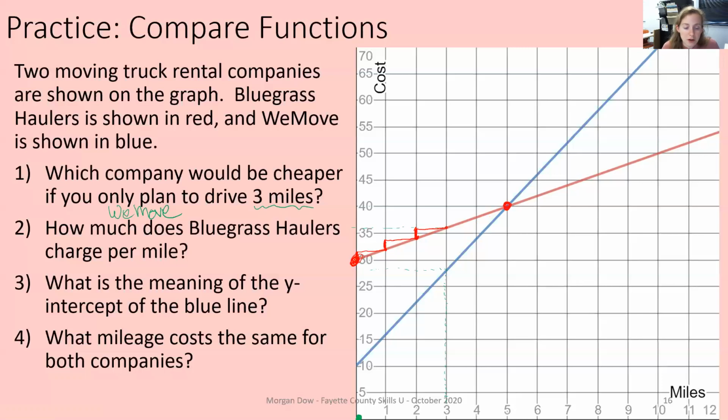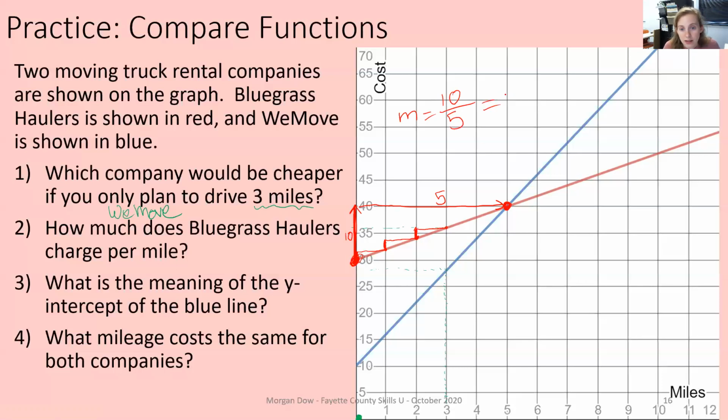So to get from my first point to my second point, I would need to go up to 40. So I had to go up 10. Going from 30 to 40 is up 10. And then over 1, 2, 3, 4, 5. Over 5. So I just went up 10 and over 5.